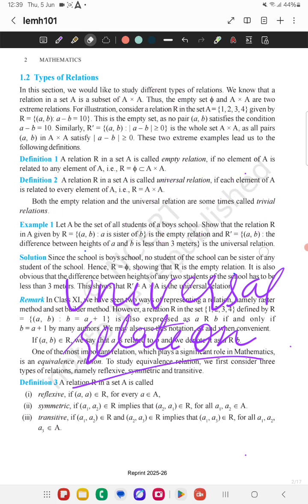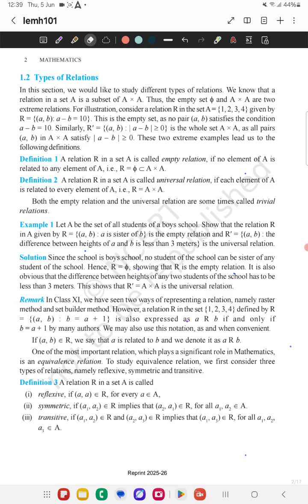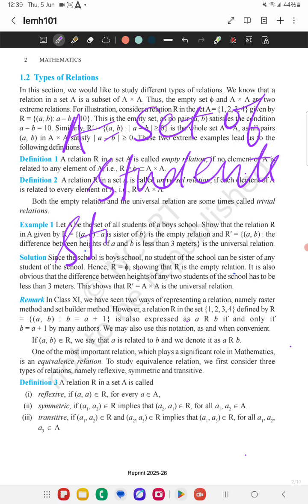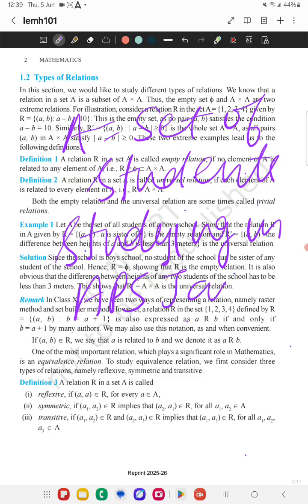Okay. Now I will again take an example. Suppose A is the set of students studying in APS Jammu.